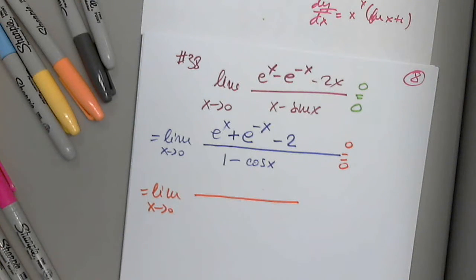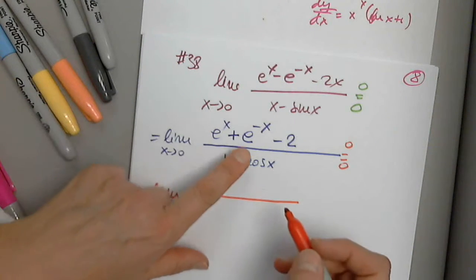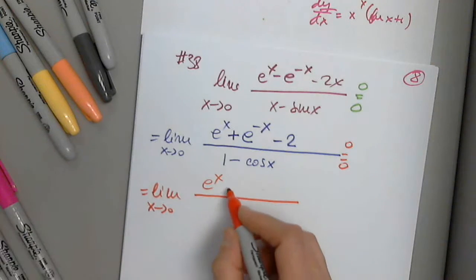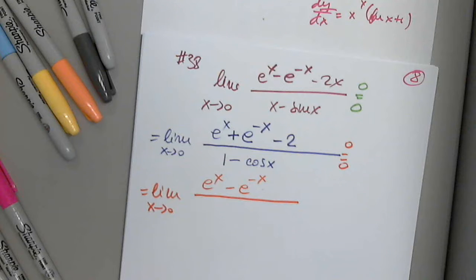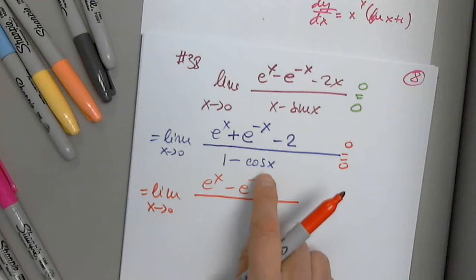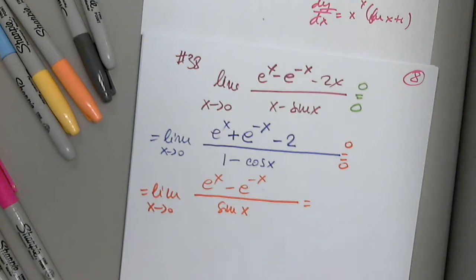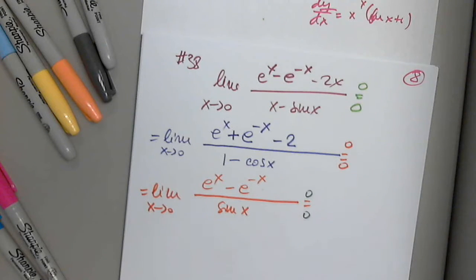The derivative of e to the x is e to the x. But the derivative of e to negative x will be e to negative x times negative 1, negative e to negative x. Now the denominator. Cosine prime is negative sine, with the minus in front, sine x. And 1 prime is 0. Okay, we try again. 1 minus 1, 0. The denominator, 0.